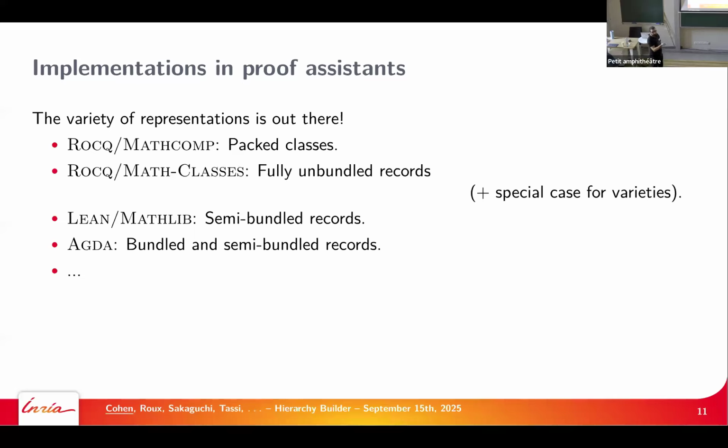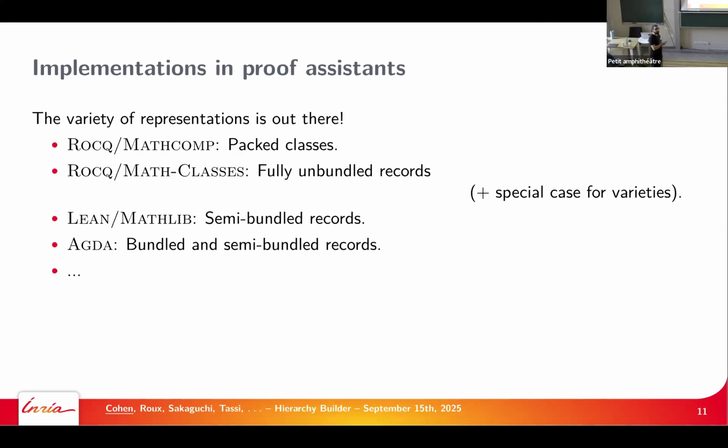So in the end, there have been a various number of choices made in various proof assistants. For example, Rocq MathComp, the library I'm one of the maintainers of, uses the packed class representation as of now, and it used to be the case in MathComp 1. Right now, it's a variant of what I presented. Math classes uses fully unbundled records in the logical representation.